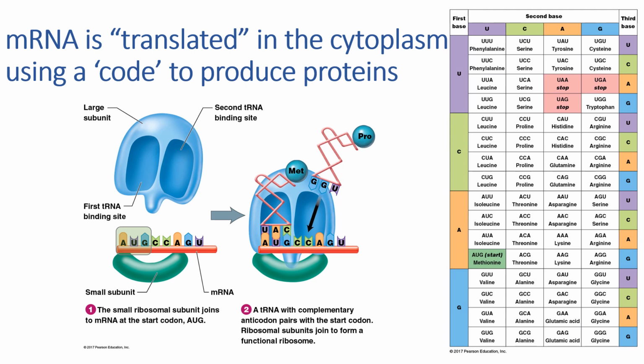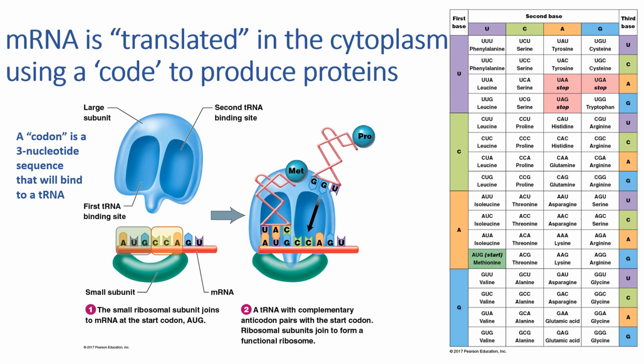Once the A, U, G sequence is encountered, that sets the stage for translating the rest of the mRNA. It reveals then subsequent codons. A codon is a 3 nucleotide sequence on the mRNA that will be bound to a tRNA. Note that the highlighted AUG start codon is followed by a CCA subsequent codon.